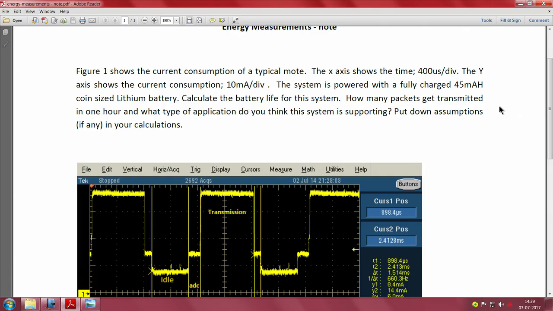I have shown you here 3 packet transmissions. So the question really is how many such packets can be transmitted, and finally what is this IoT application for which this kind of waveform is most suitable.